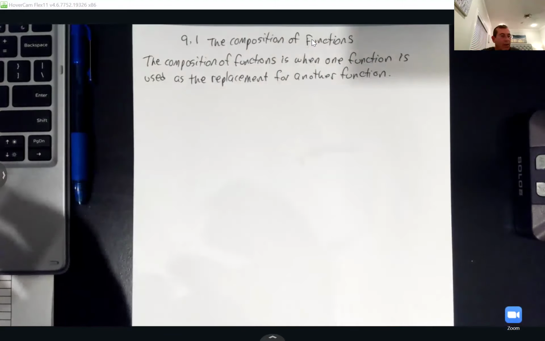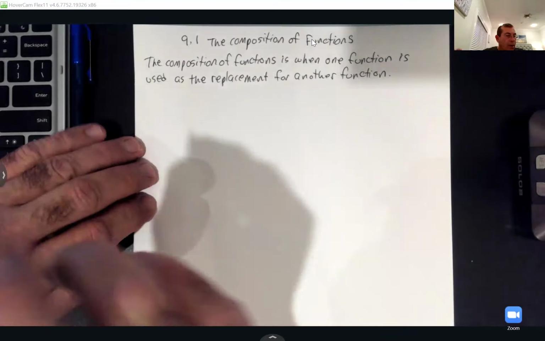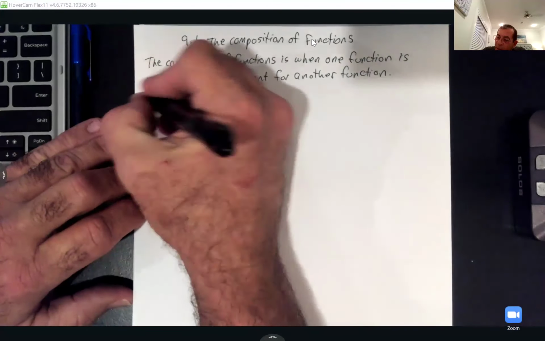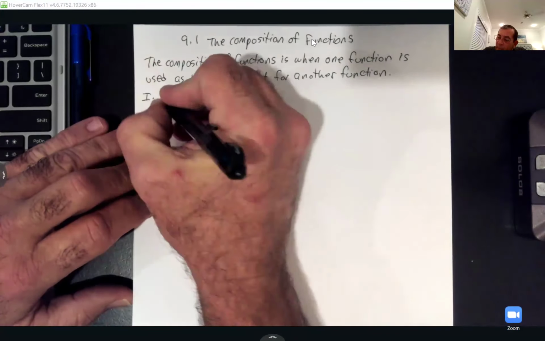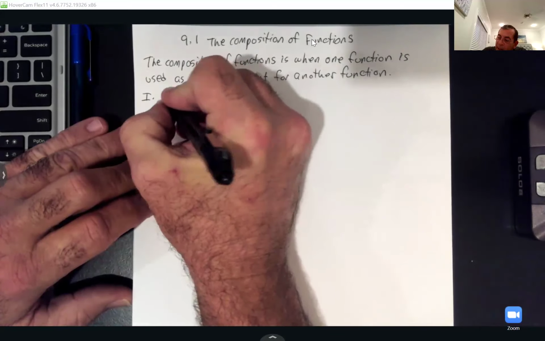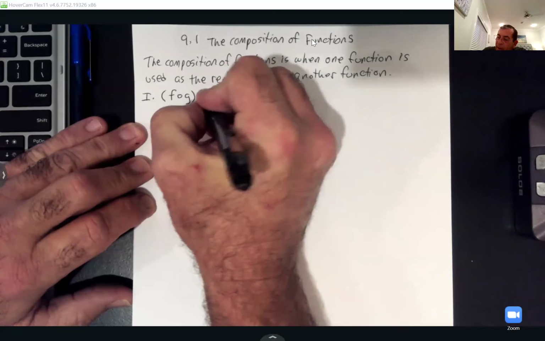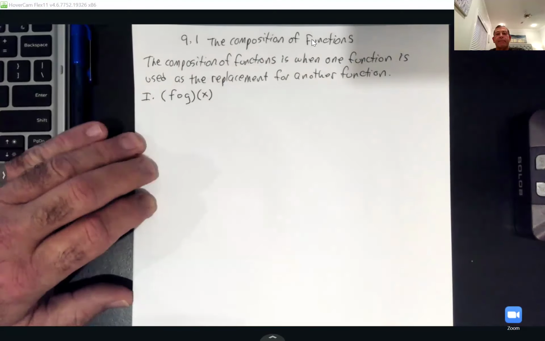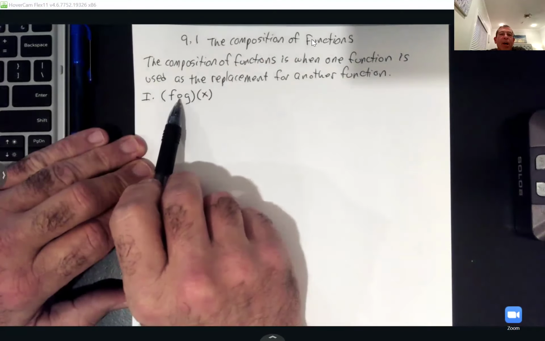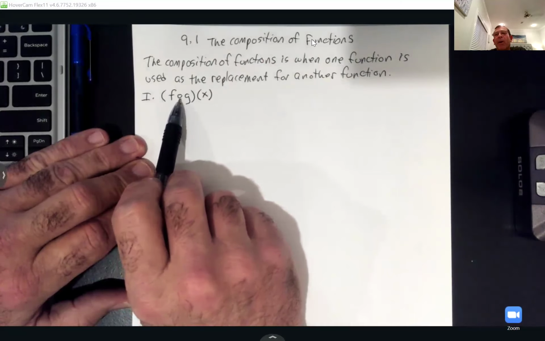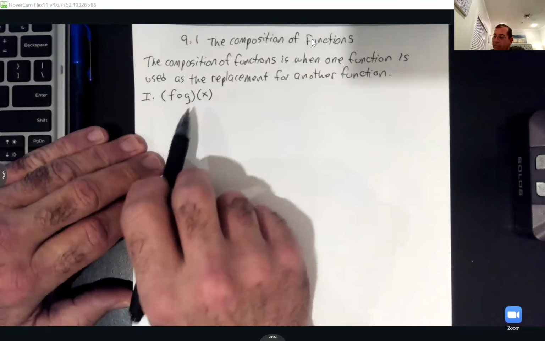So I'm gonna give you two types of symbolism they use. The first one looks like this: F compose G of X. Now this isn't an O, it almost looks like a little degree symbol.